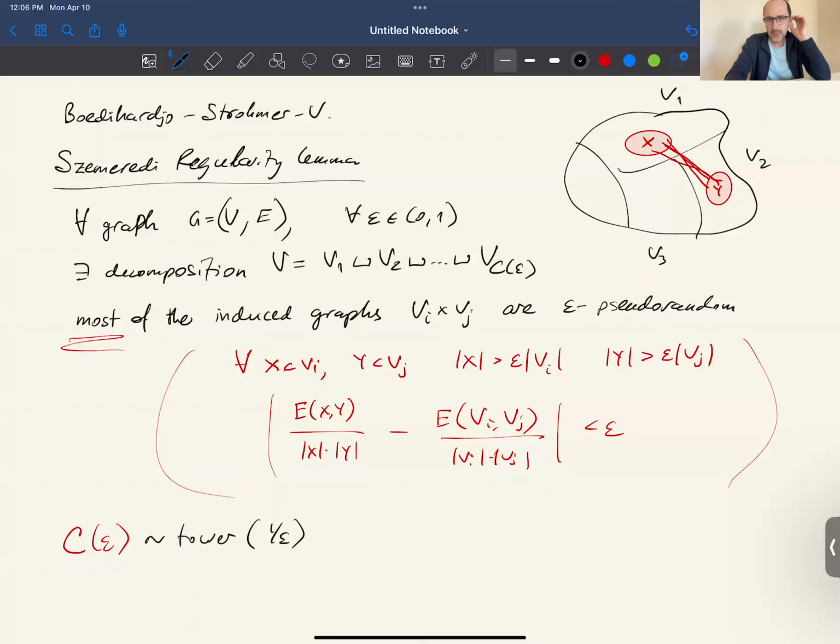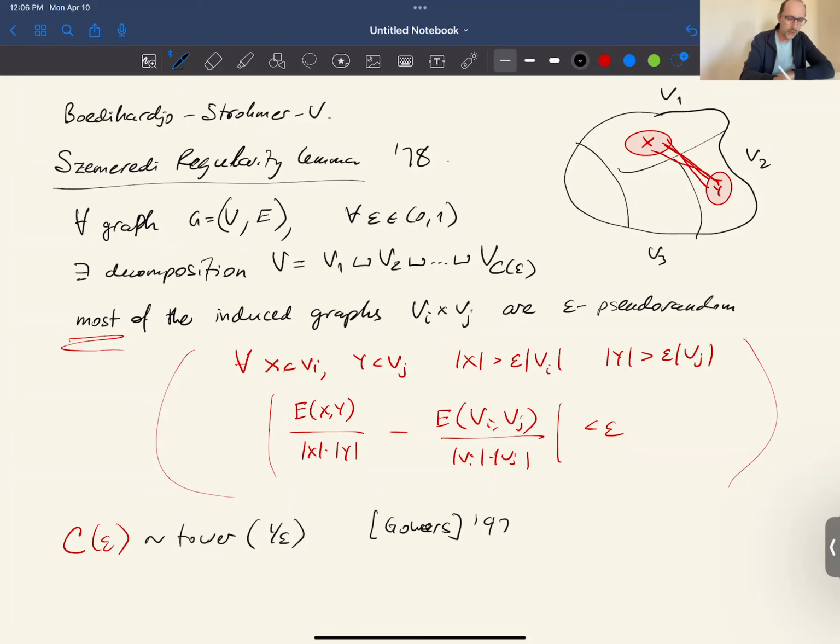And for some time, people believed that that's not right, that it should be improved to something like exponential in 1 over epsilon, but that was not true. The example of Gowers dashed all the hope in that direction. That was in 97, and Szemeredi is from 75, 78, something like that.